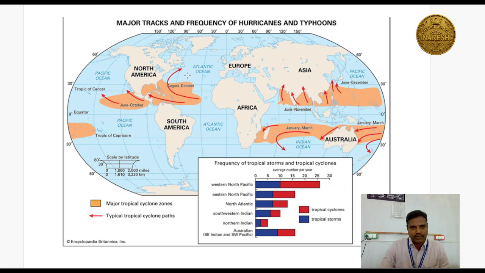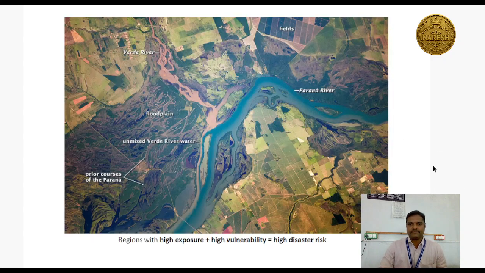When you talk about June and November, Asian countries like India face very huge events, no? And from June to December you will find them here. And in Australia you can find January and March, people will face this kind of hurricane. So these are the things that should be taken care of.